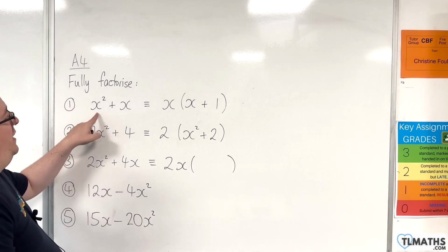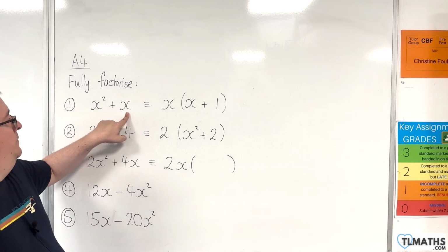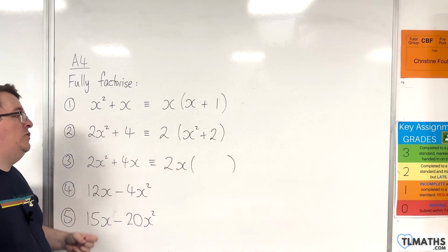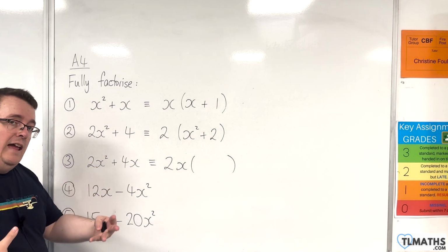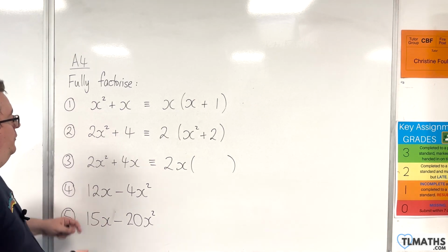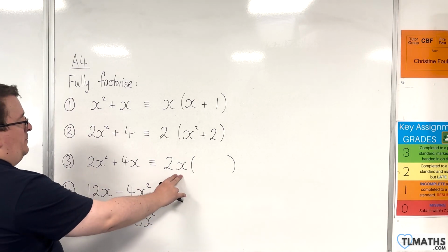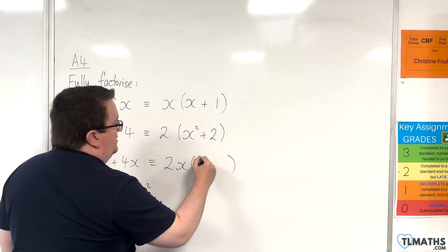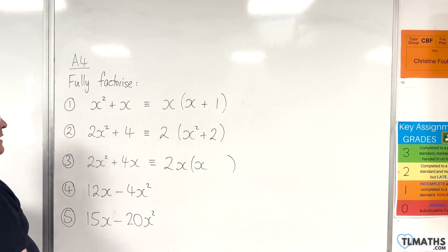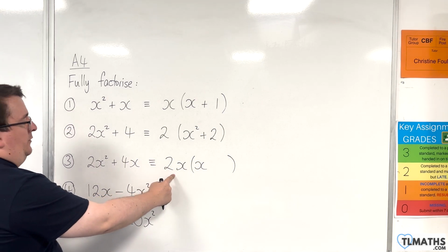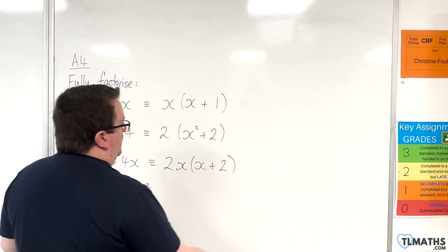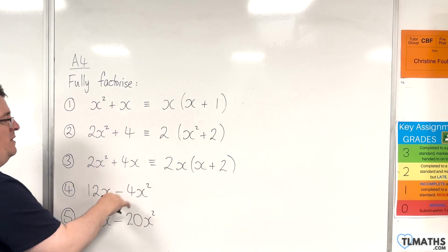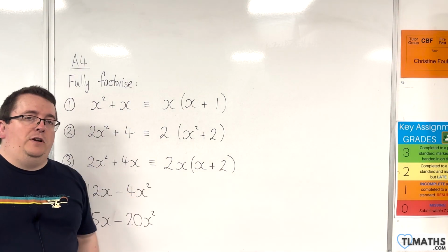Okay, so in this case we could only factor out the x. In this case we could factor out the 2. In this case we could factor out both the 2 and the x. So 2x squared divided by 2x, well 2 divided by 2 is 1, x squared divided by x is just x. And 4x divided by 2x is 2. So 2x times x makes the 2x squared, 2x times 2 makes the 4x. That is now fully factorised.